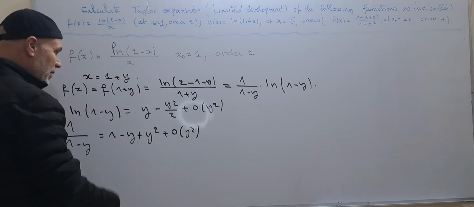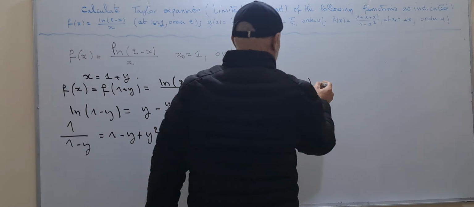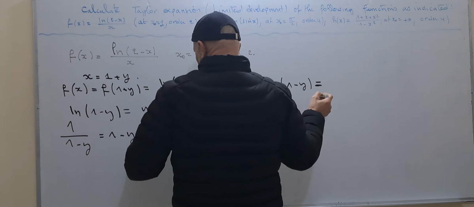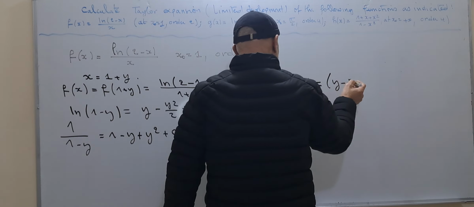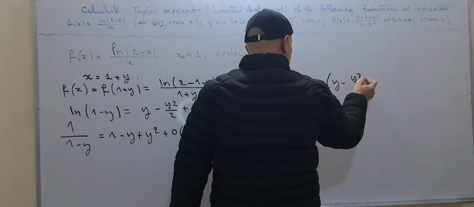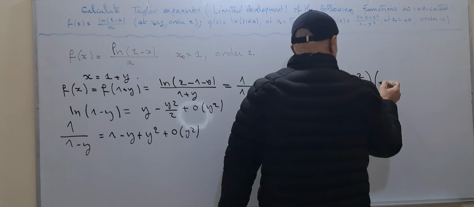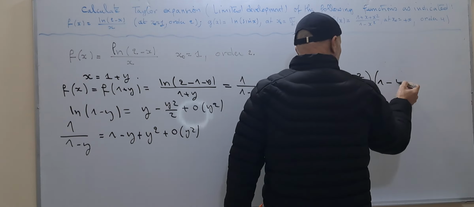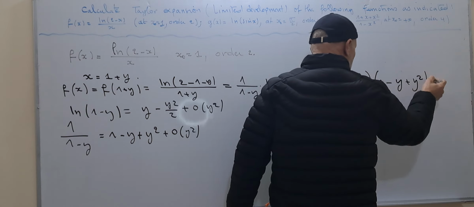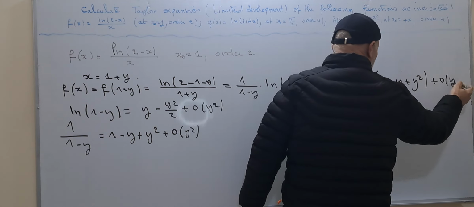So we take both of them, and this will be equal to minus y minus y square over 2 times 1 minus y plus y square plus o of y square.